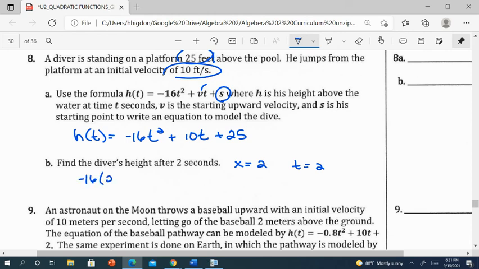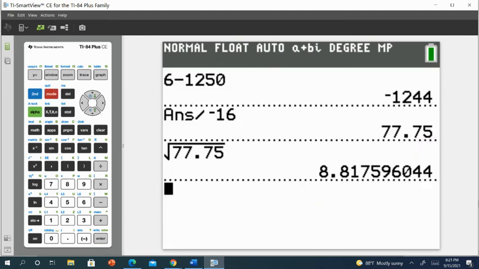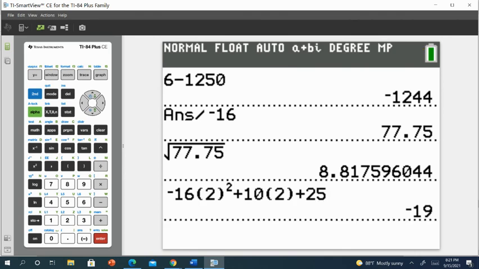Negative 16 times 2 squared plus 10 times 2 plus 25, and you would be done. So let me show you what that would look like. Negative 16 times 2 squared plus 10 times 2 plus 25 gives me negative 19.